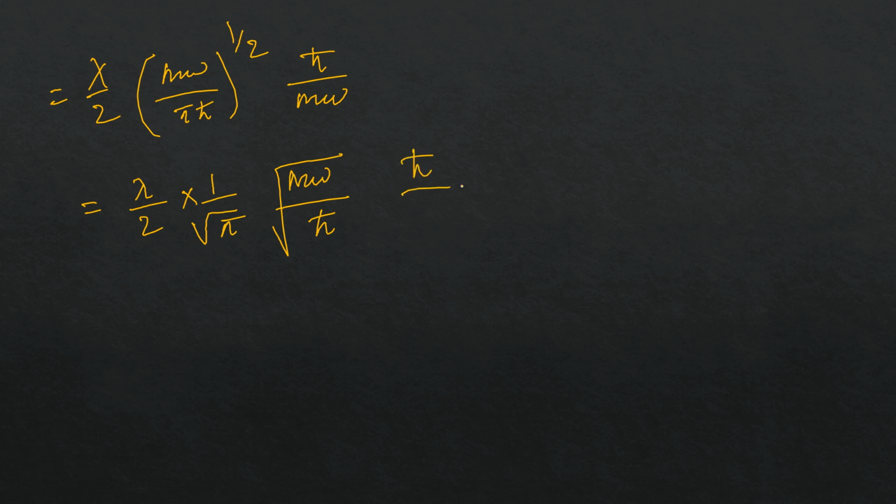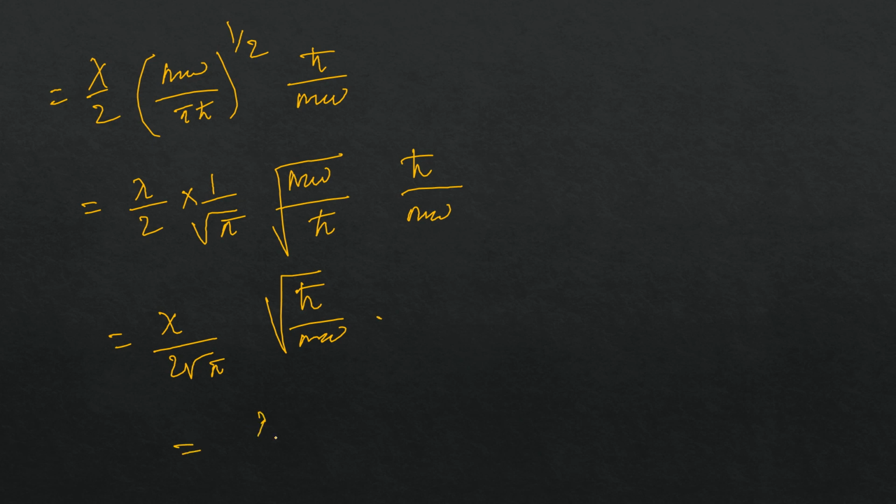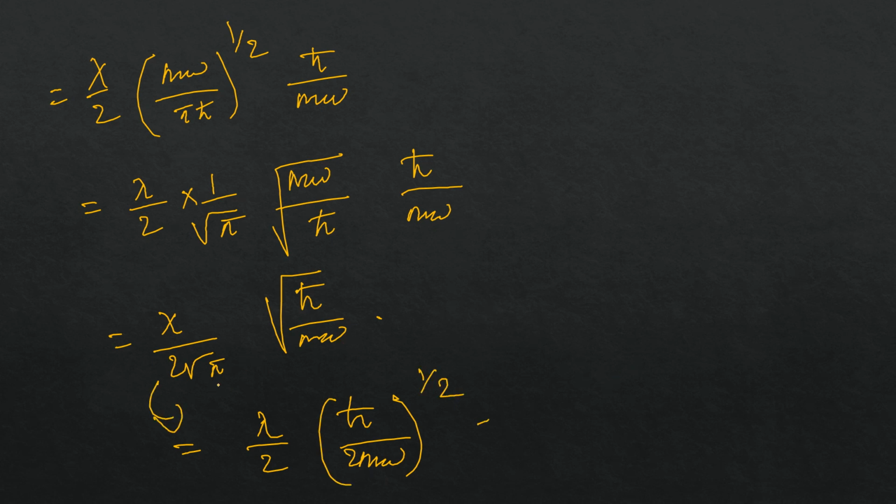Won't it become like this? So write h squared by 2 m omega. Okay, did you get it? I just simplified it, took this pi inside, and this one becomes this. Okay, so this is the answer. This is your perturbation, like first order energy correction.